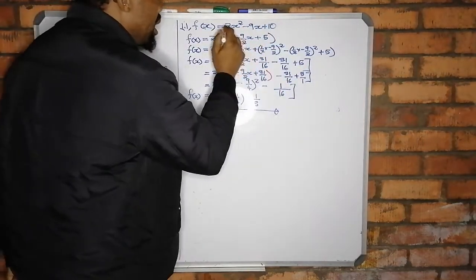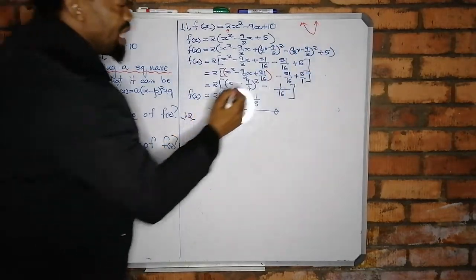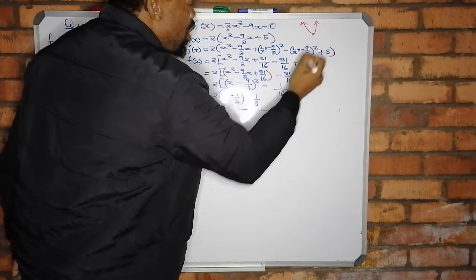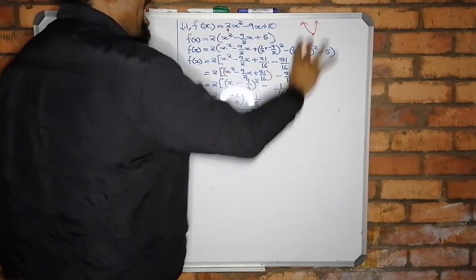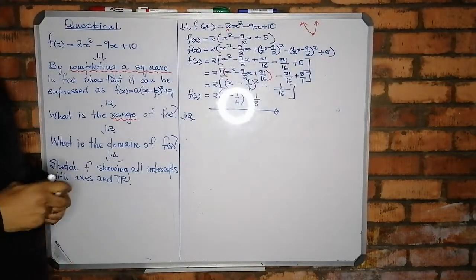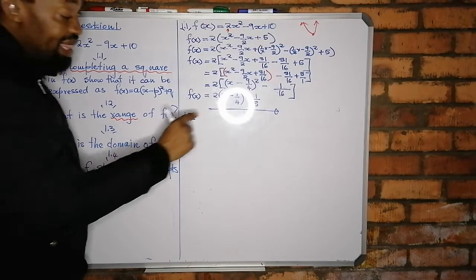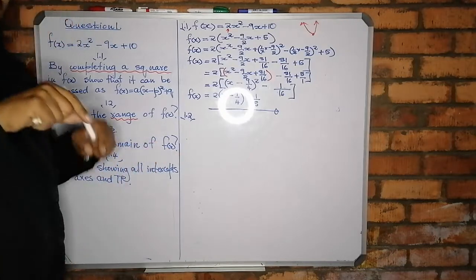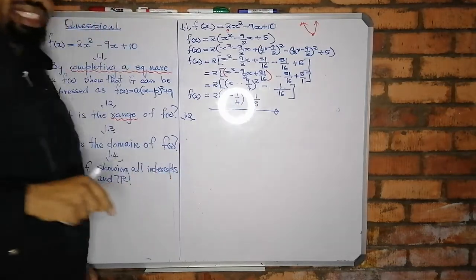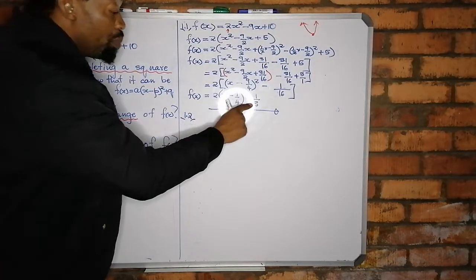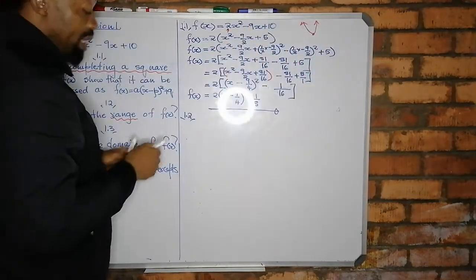Let's look at this function. This one is concave up. Meaning that we will have the smallest value of y there and the biggest value of y somewhere up there. Now, let's go to this equation. Remember that this tells you the x value of the turning point, and this is the y value of the turning point.